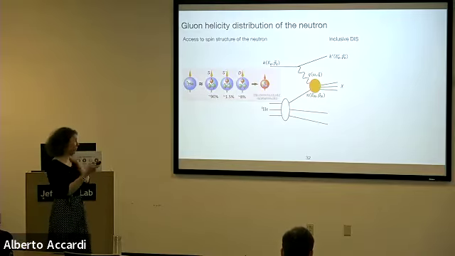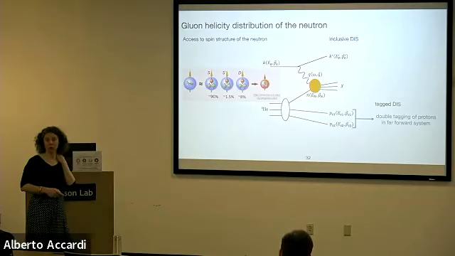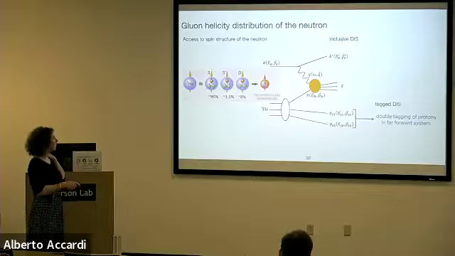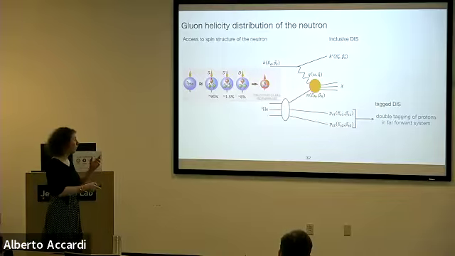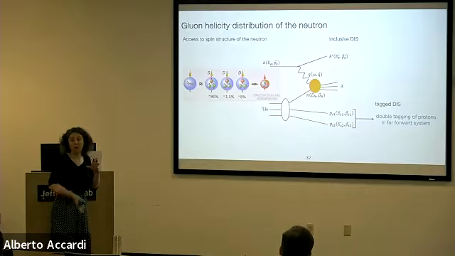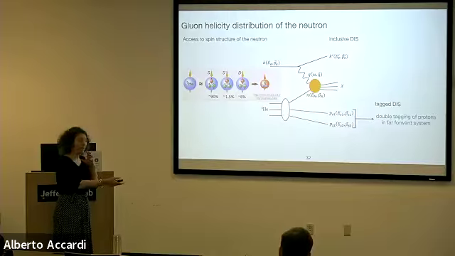But what we will also be able to do with the EIC is, in addition, tag the two protons. So if you have your photon interacting with one of your nucleons, the one you interacted with will break up and scatter, while the two other ones that were just sitting there will inherit the original momentum of your helium and will stay quite close to the beam lines, although they will get some kick.